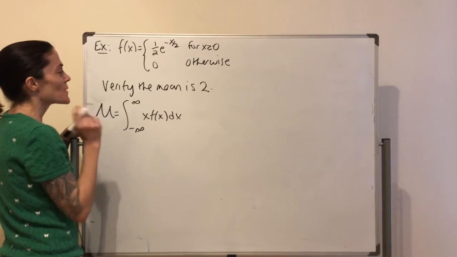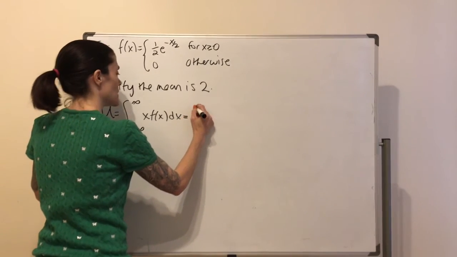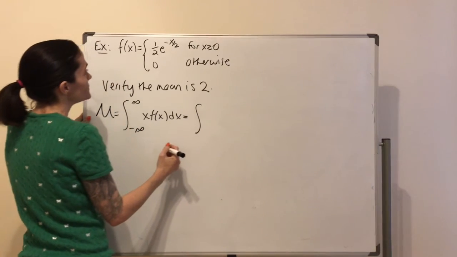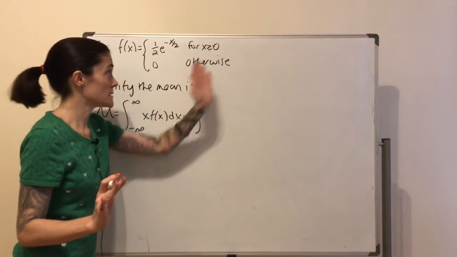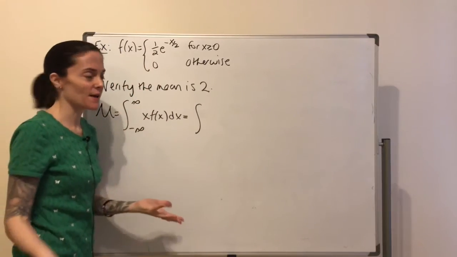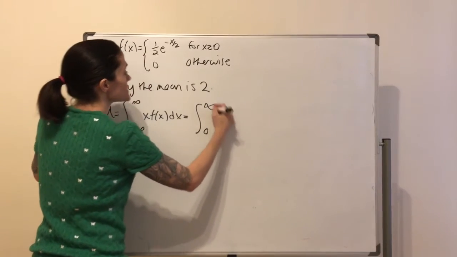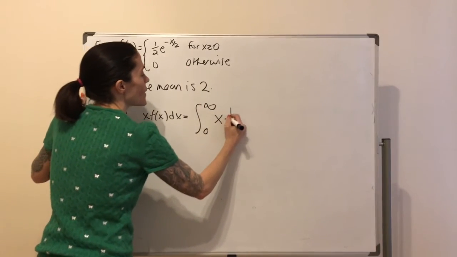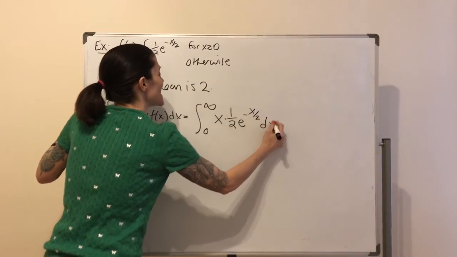Well, in any case, we want to verify the mean is 2. So this is an integral. Well, my function only lives on 0 to infinity. It's 0 everywhere else. So this would be just 0 to infinity of x, and then we have 1/2 e to the minus x over 2 dx.